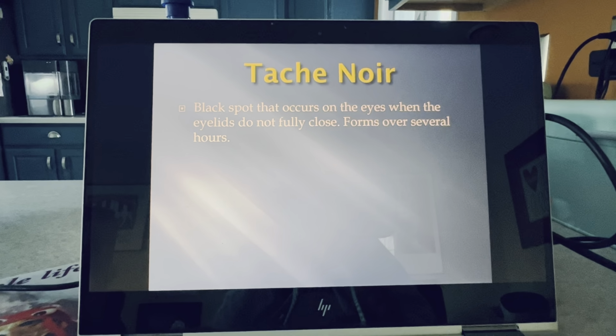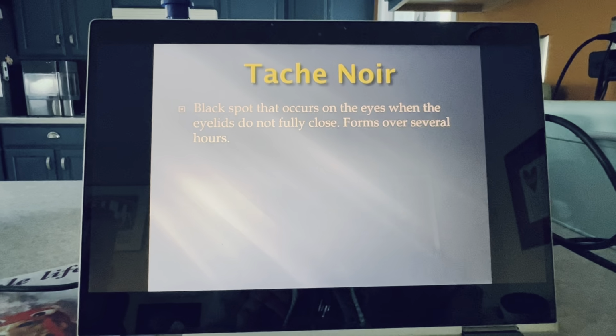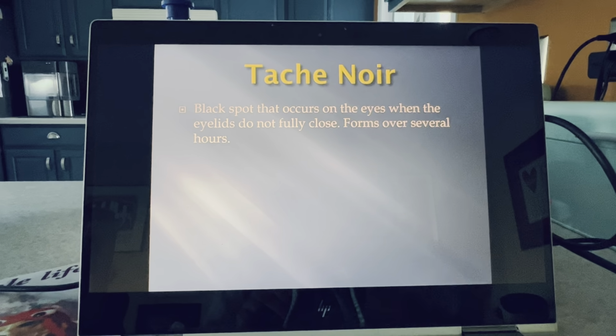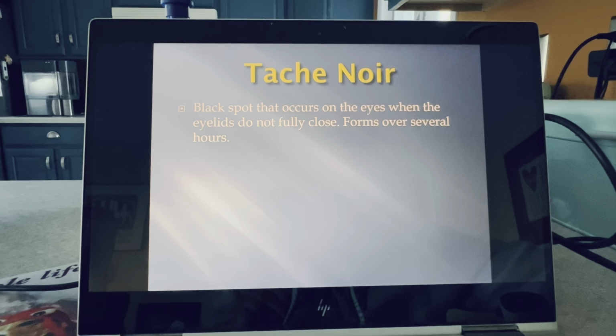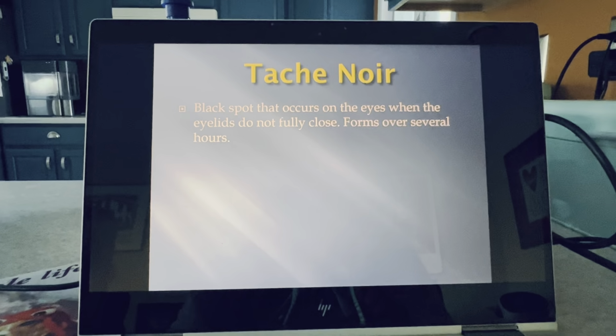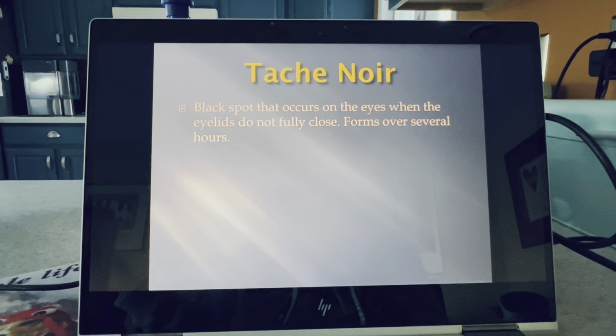Another thing on TV is that people always tend to die with their eyes fully closed. While that can happen, a lot of times there is a little space between the eyelid and the bottom of the eye, so air can get in there and the surface of the cornea will start to dry out.